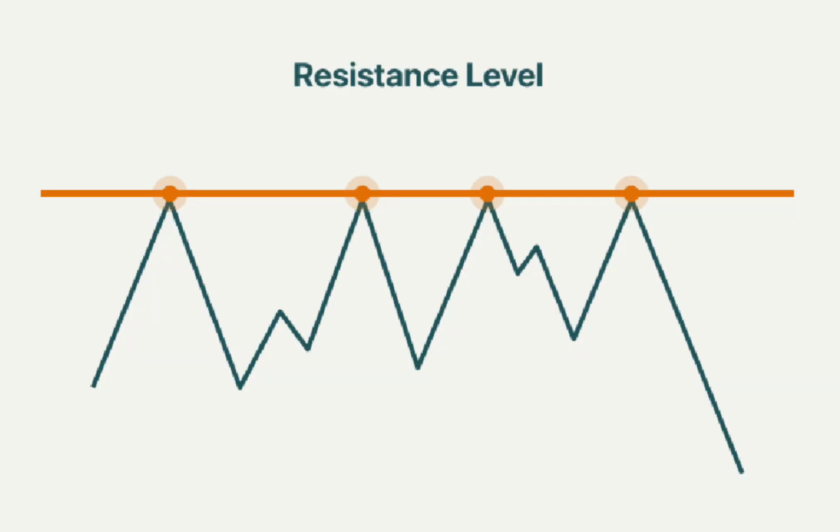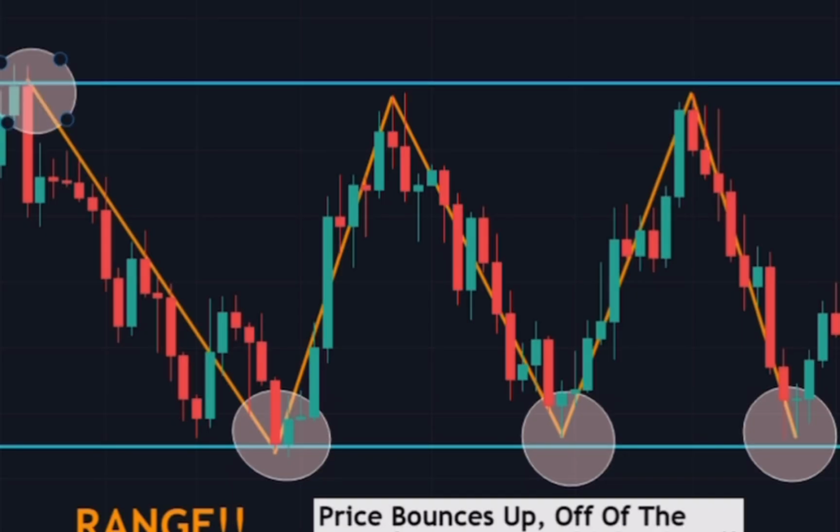Resistance levels, as your stock travels up, you hit a resistance level, a roof, or a ceiling, and that resistance level are price points where an uptrend can be expected to pause due to a concentration of supply.